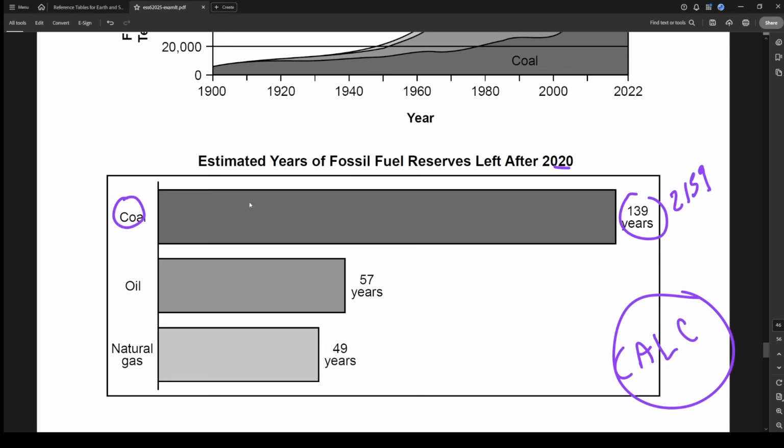So coal is good until 2159, technically. Oil is going to run out in 2020 plus 57, according to this. So this is only going to last till 2077, and this is going to last from 2020 plus 49, which is 2069. We're going to run out of natural gas, according to this.